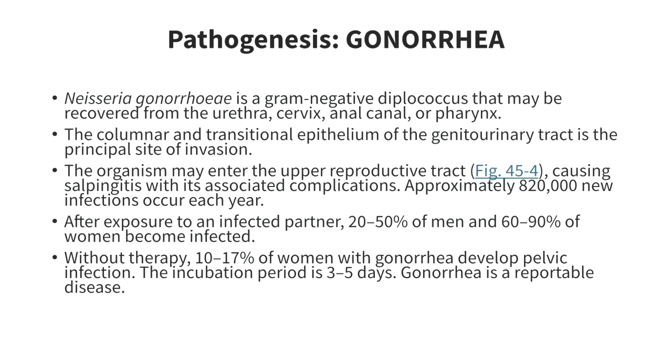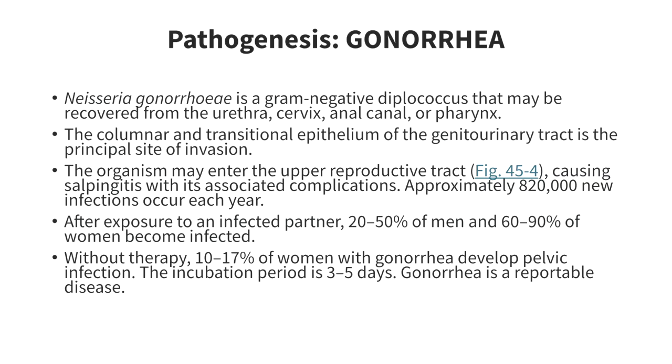The etiology of gonorrhea is a gram-negative diplococcus bacteria called Neisseria gonorrhoeae. Remember that Neisseria gonorrhoeae can infect the urethra, cervix, anal canal, and also the pharynx. It's going to invade the epithelium, and if it goes up the reproductive tract in the female, it can cause pharyngitis.